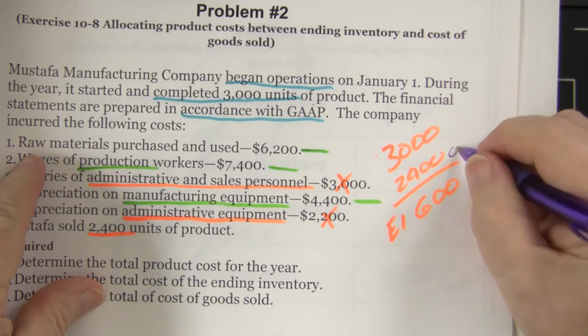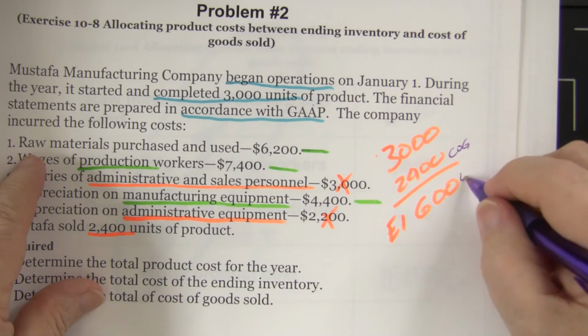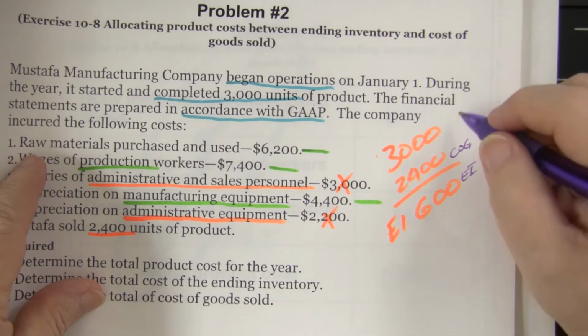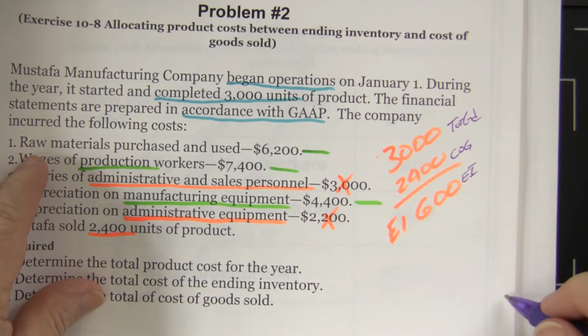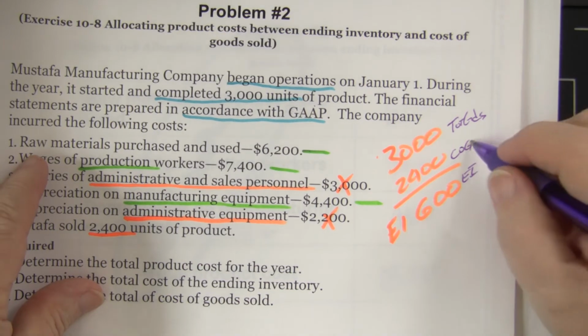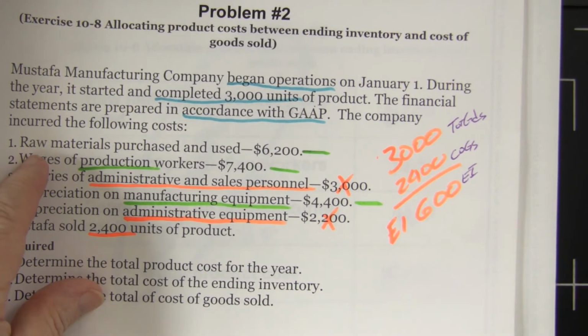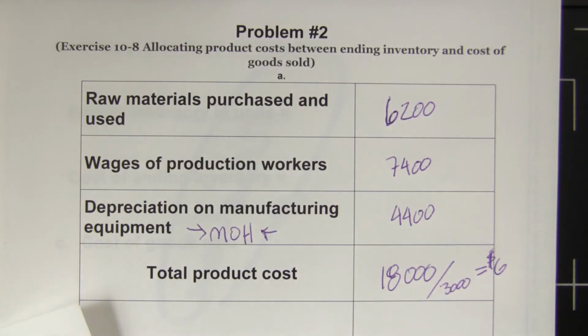That's cost of goods sold. 600 units ending inventory. 3,000 units was total goods. So it's everything that you've done and you know how to do. It's just in a little different format because here we're making the stuff instead of buying it.